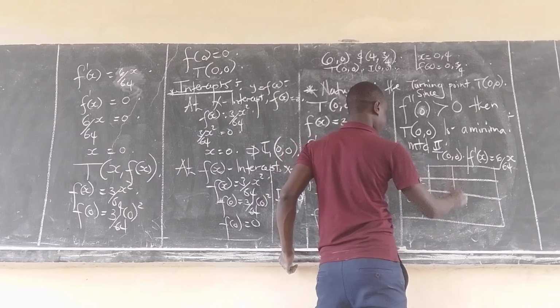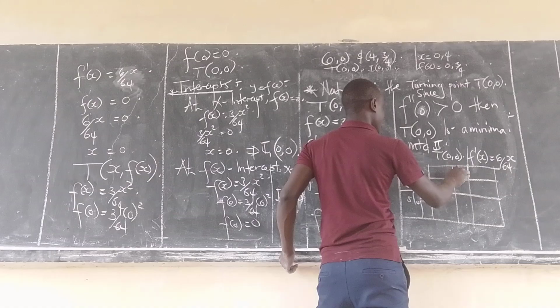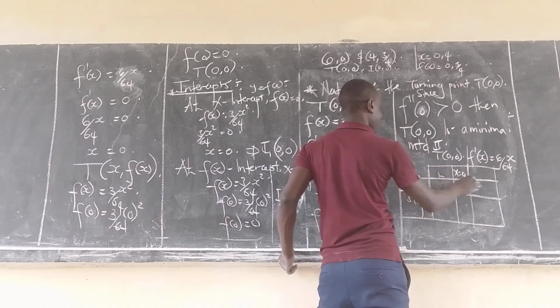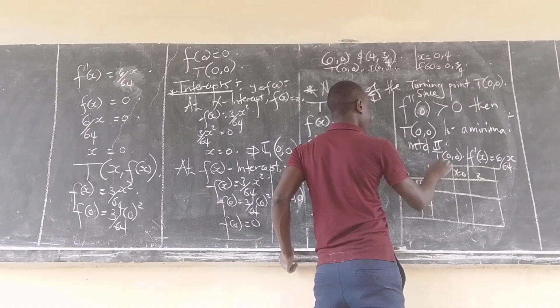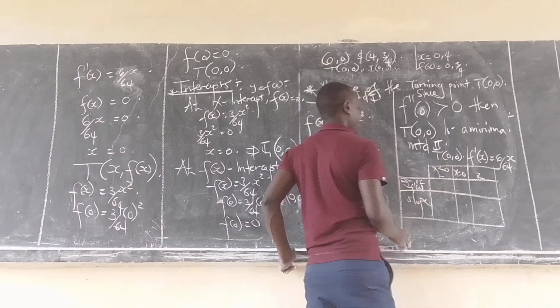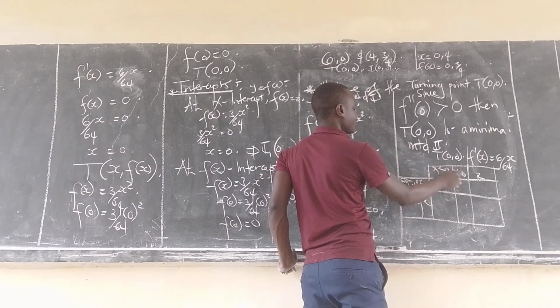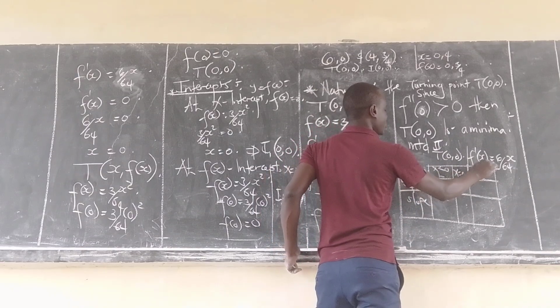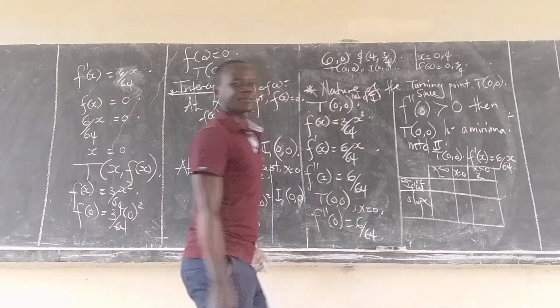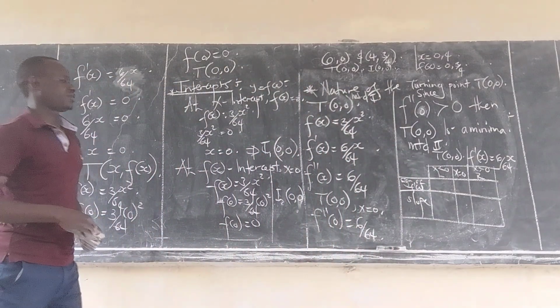We can have the x coordinate of the turning point, its left, its right, all of values to the left must be less than the x coordinate of the turning point, and all the values to the right should be greater than the x coordinate of the turning point.